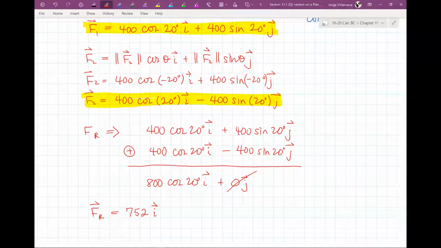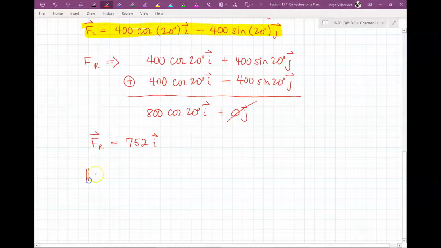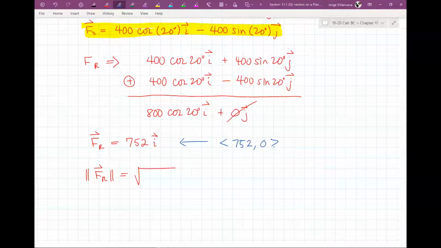Now, if you want to figure out its magnitude, we can do that. Just so you guys know, this thing right here is 752 comma 0. That's its vector form, 752 comma 0, because it has no j component.